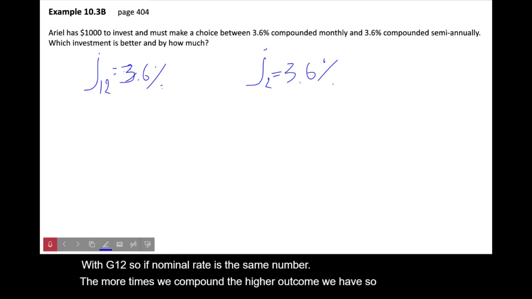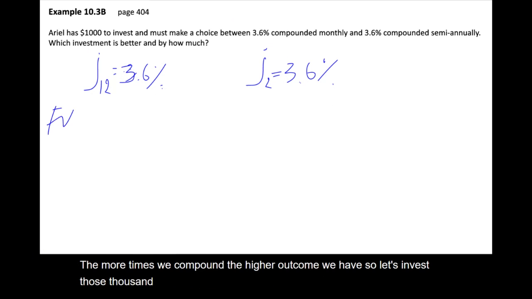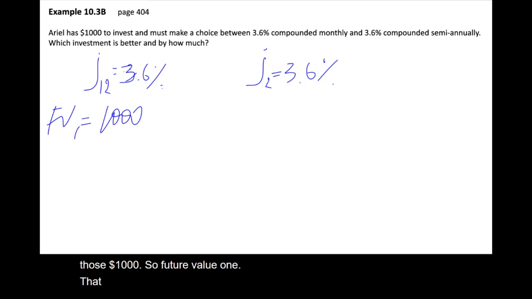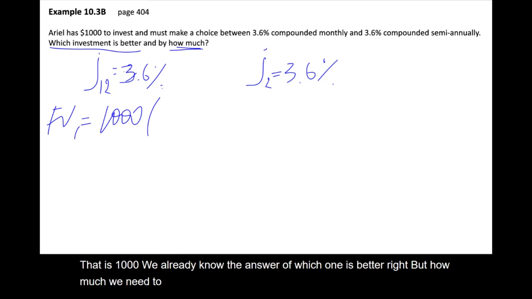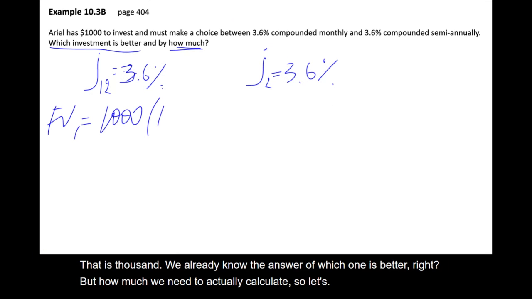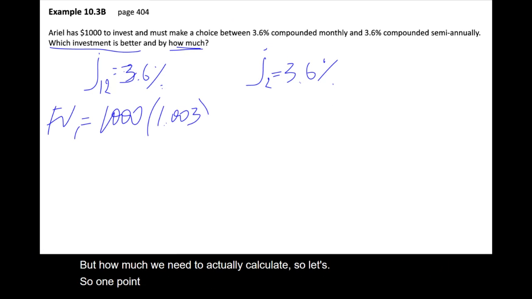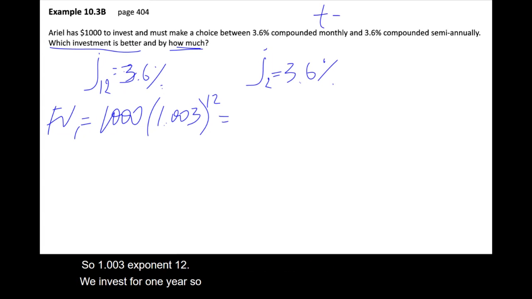So let's invest those $1,000. Future value 1 is 1,000 times 1.003 exponent 12. We already know which one is better, right? But how much we need to actually calculate. We invest for 1 year, so I put t as 1 year.